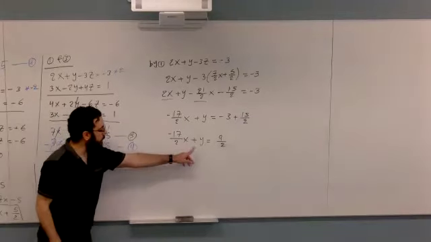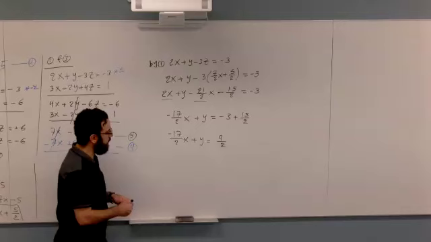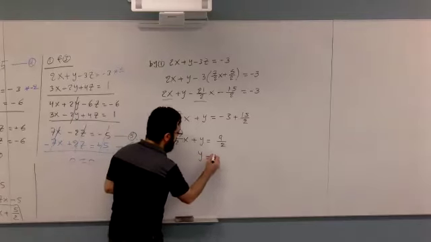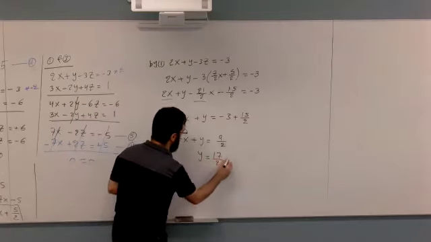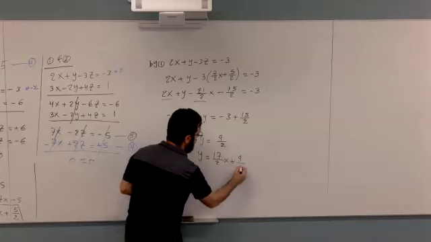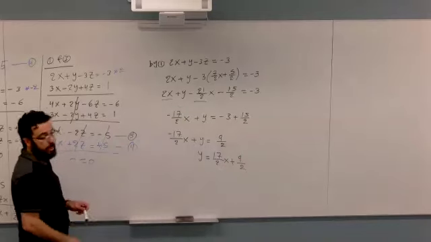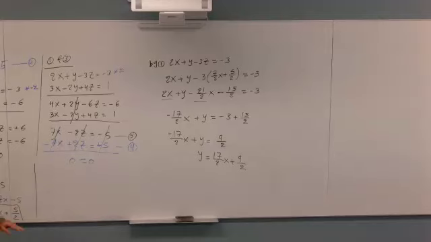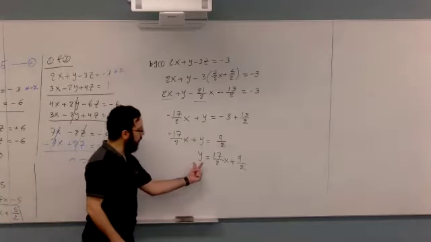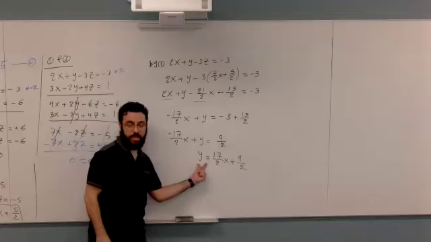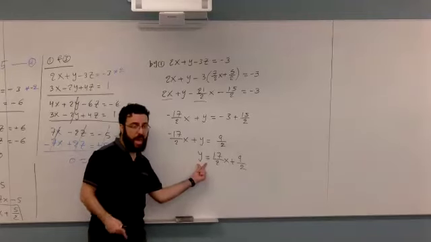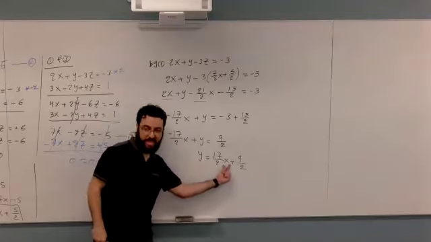Okay, now we need to solve it for y. I'm just going to move the x to the other side. Y is going to be equal 17/2x plus 9/2. Is that okay? Now, as a solution, check: y is what? It is a dependent variable. Y depends on x.